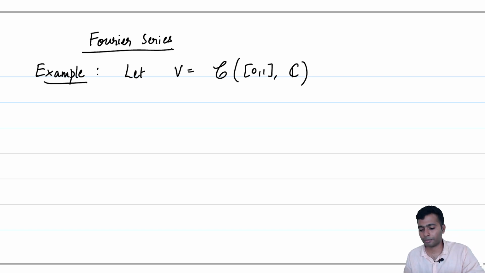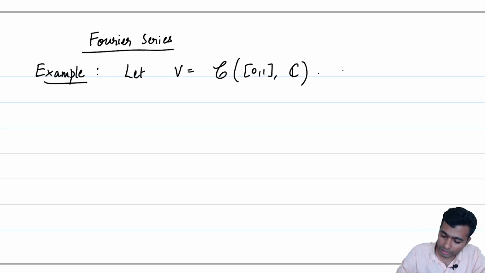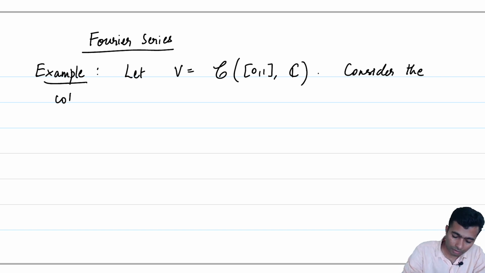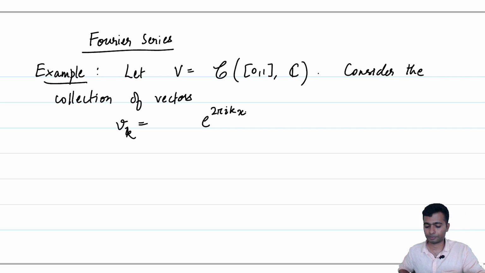So let's consider the vector space. Let V be the vector space C[0,1] to C. If you recall, this is the vector space of all complex valued continuous functions on [0,1]. And let's consider the following collection of vectors vk.